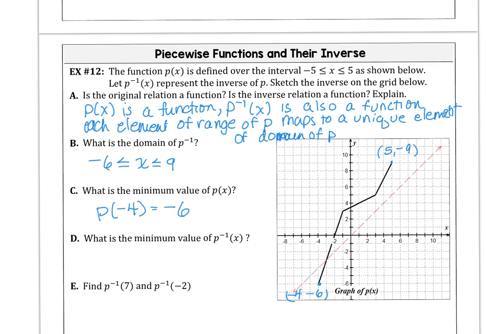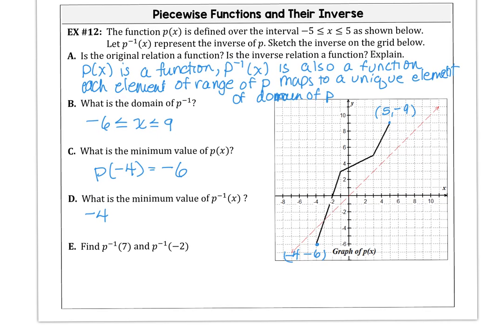What's the minimum value of p inverse? Well, that would be the smallest x value of the function. So that would be -4. Let's spend a minute and graph the inverse. So I have my inverse here. I'm going to label that p inverse of x.